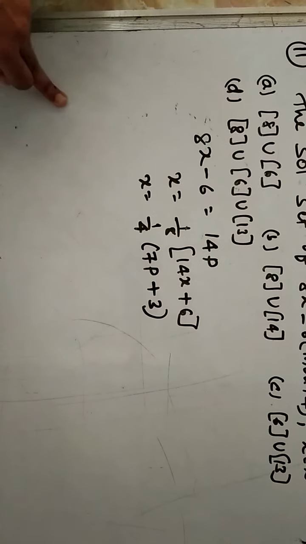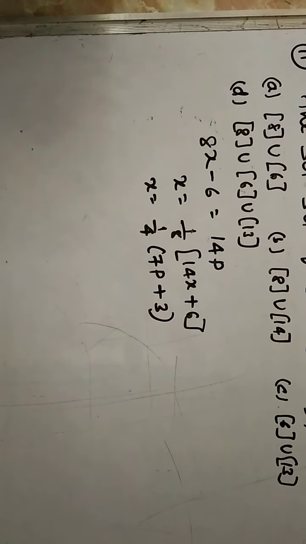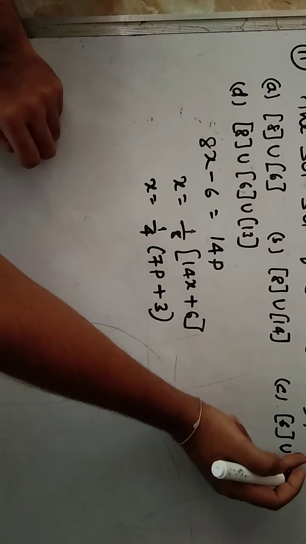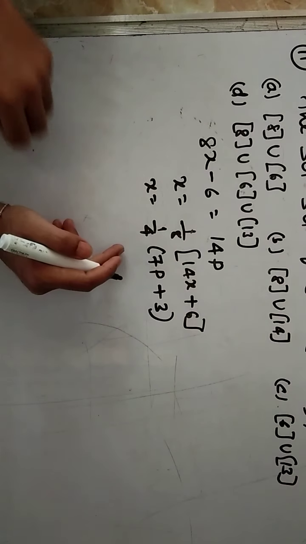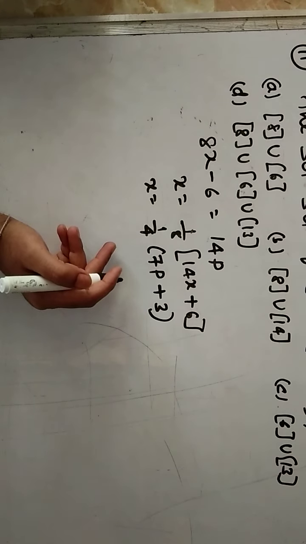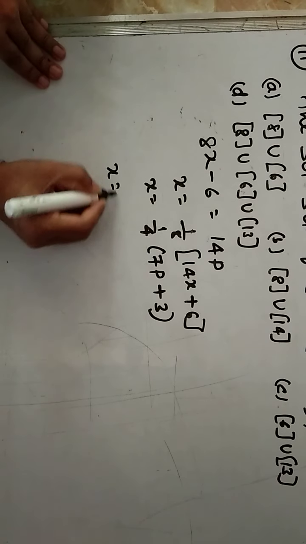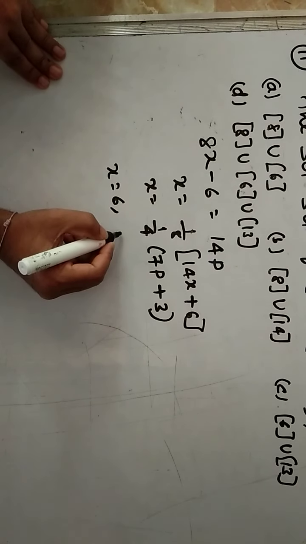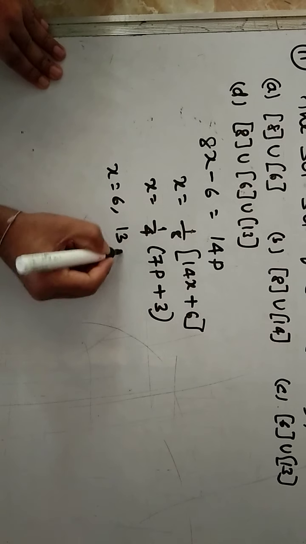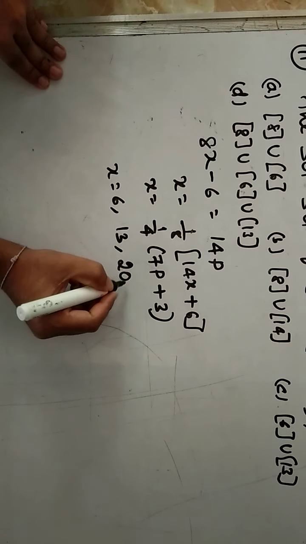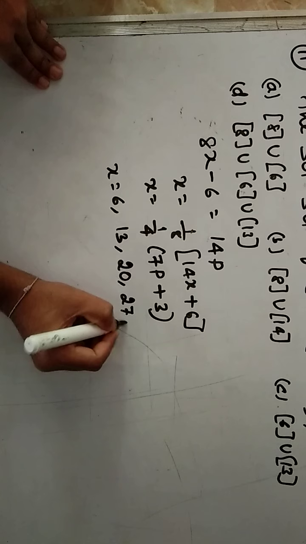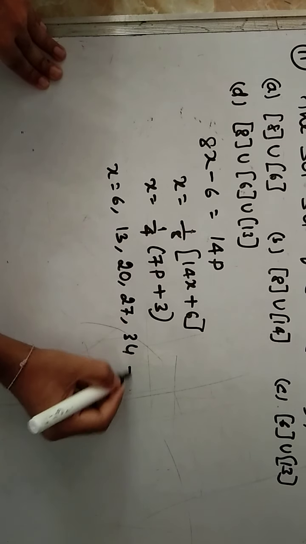Okay, now x is nothing but an integer. Now I will simplify. What you will get: x, first integer 6, next integer you will get 13, next integer 20, next integer 27, next integer 34, like this you will get it.